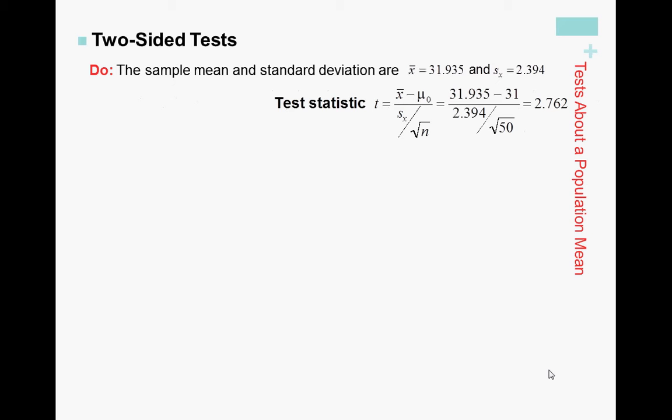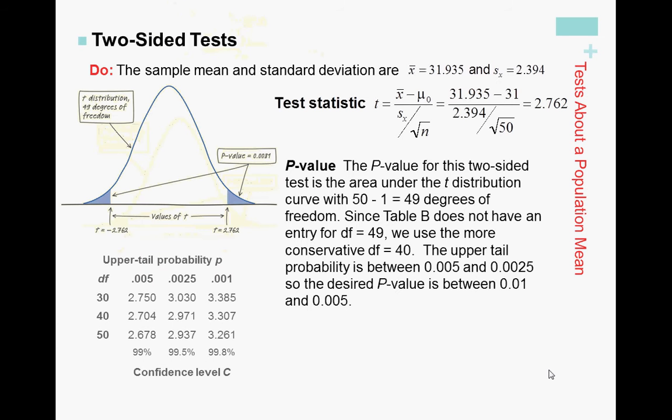Now we need to do our p-value. You can use the calculator with the t-test to make this happen if you want. You can use TCDF, or you can use our favorite, Table B. And with Table B that is shown up here, since 49 degrees of freedom, we would go down to 40. We have to go to the one that is just below it. We see that it's going to be between 0.005 and 0.0025.